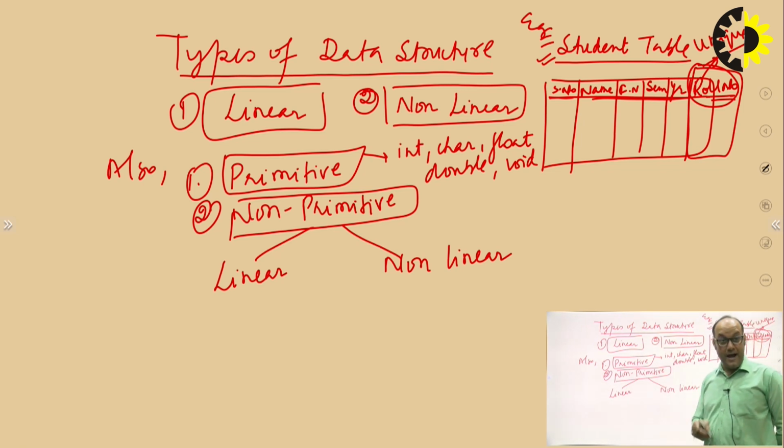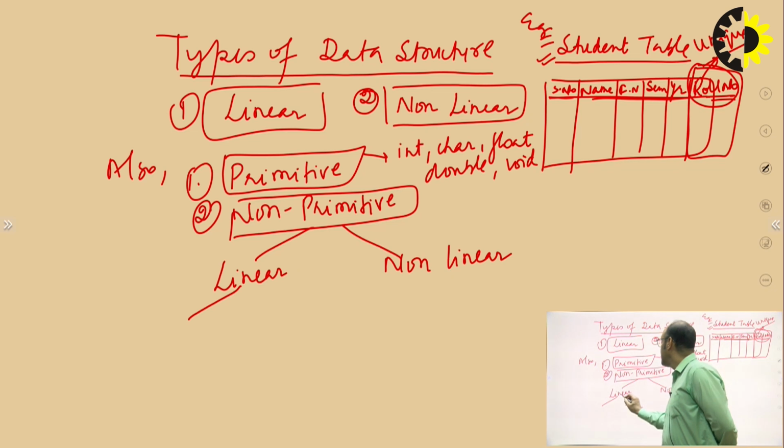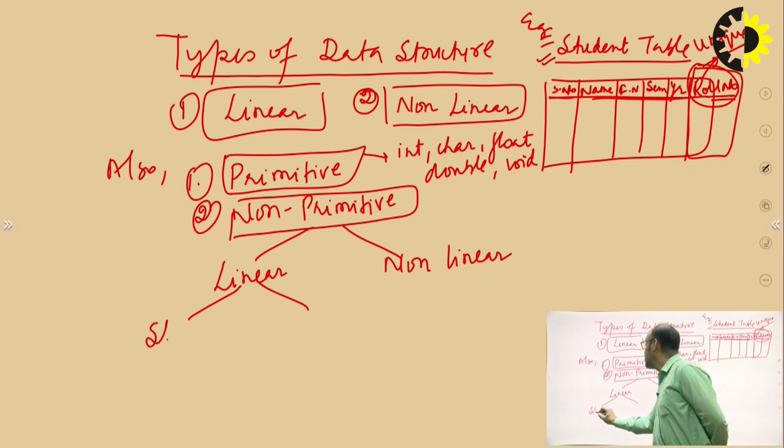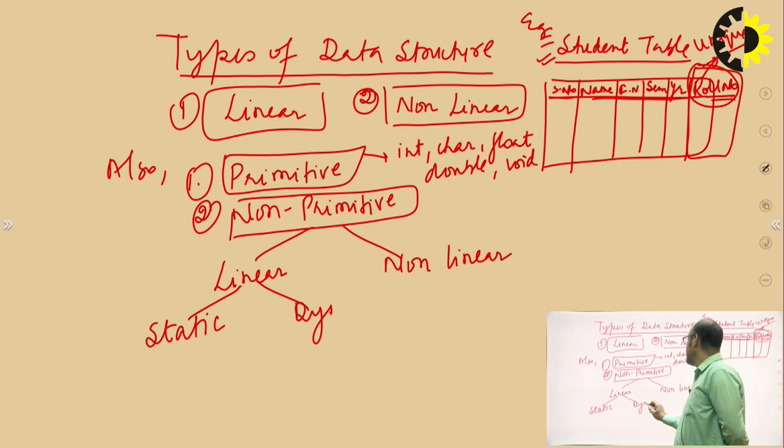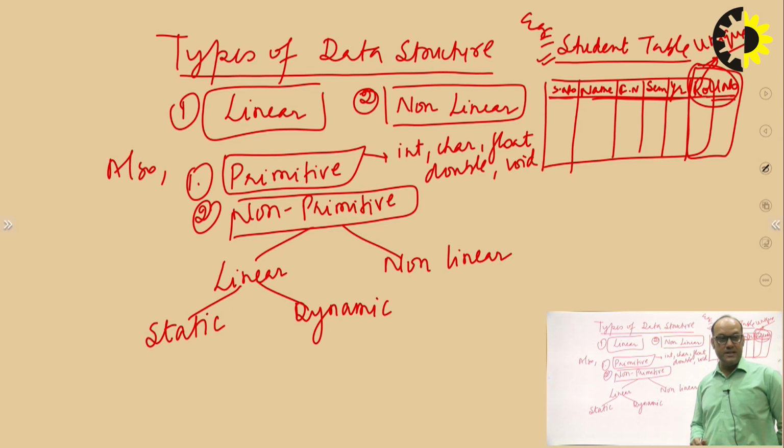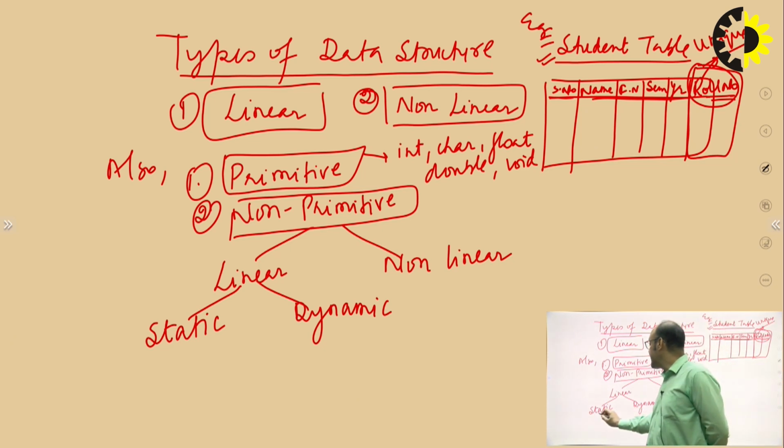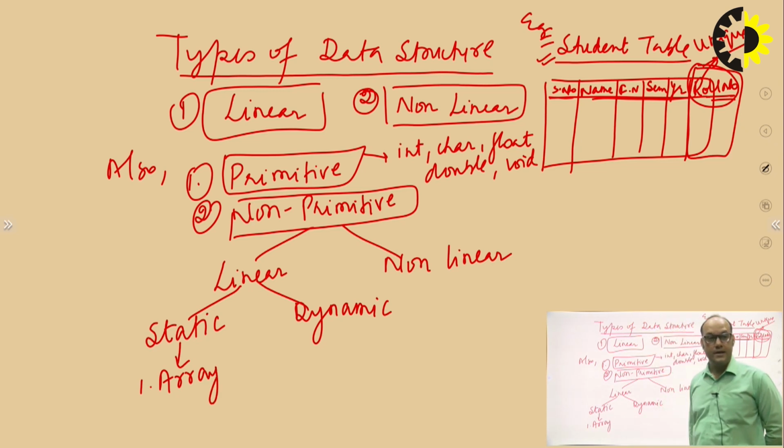And linear again can be divided into two types. How can we divide it? Basically, static and dynamic. What is static? Static means fixed. Dynamic means we can change dynamically. Under static comes the array data structure.